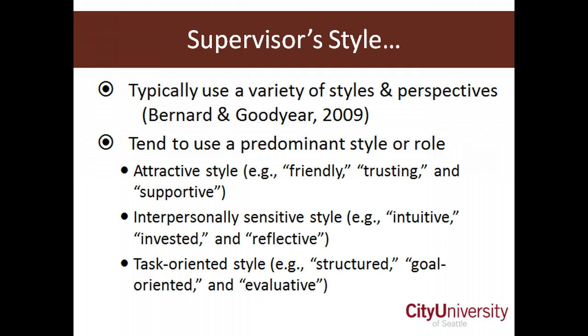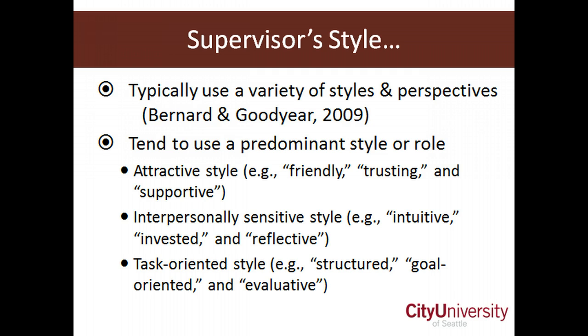The supervisor's style, this is moving on from goals, typically varies. The perspectives of the supervisor also vary. There are predominant styles or roles that supervisors tend to take on, and these just depend on the approach of the supervisor.